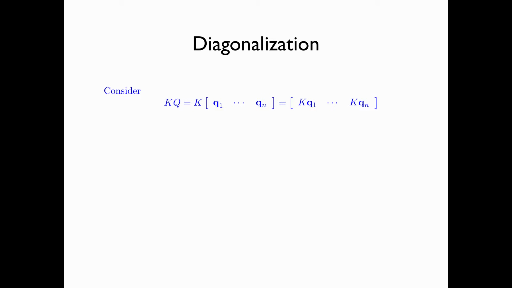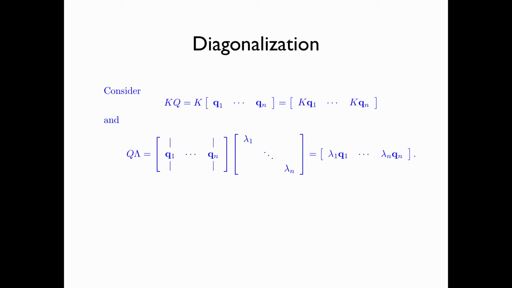Consider KQ, where Q consists of the columns Q1 up to Qn. Upon multiplying K into the matrix, we obtain the columns KQ1, KQ2 up to KQn. On the other hand, consider Q times lambda, where Q consists of the columns Q1, Q2 up to Qn, and lambda consists of the diagonal elements lambda 1, lambda 2 up to lambda n.